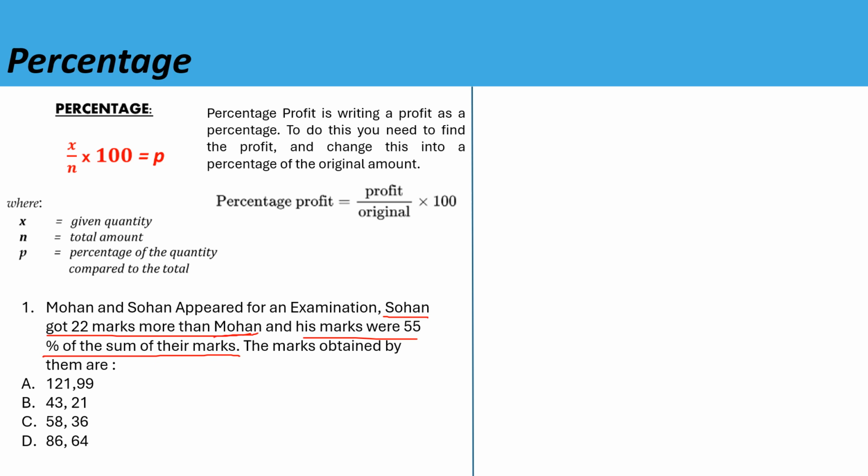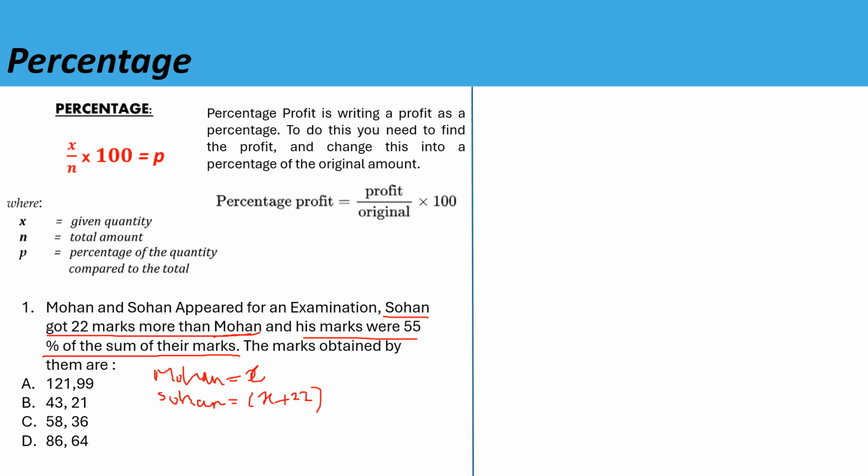We don't know the marks of Mohan, so let us consider Mohan's marks as x, right? And then we have Sohan's marks, which are 22 marks more than Mohan's. So x plus 22 will be Sohan's marks. Okay, and his marks were 55% of the sum of their marks.